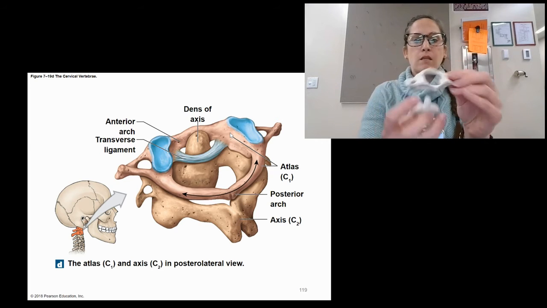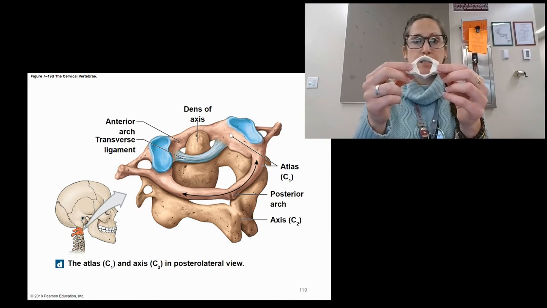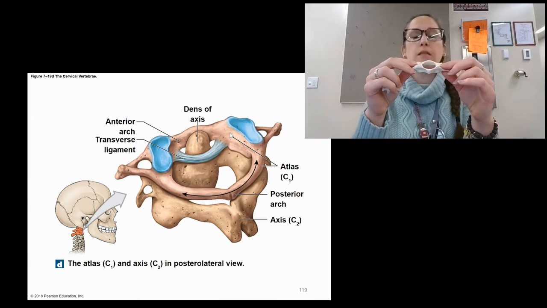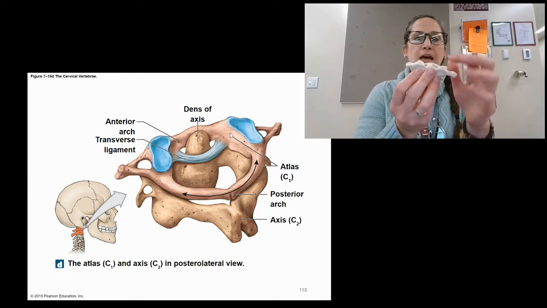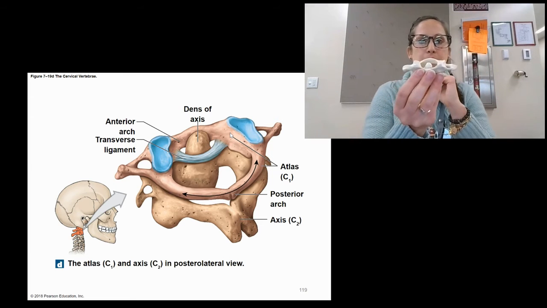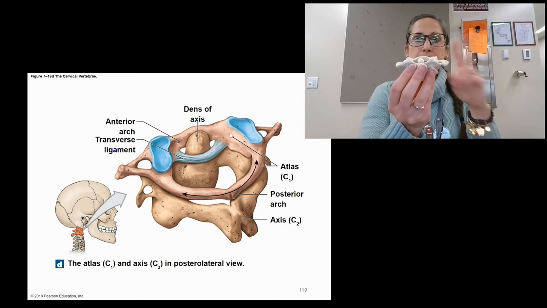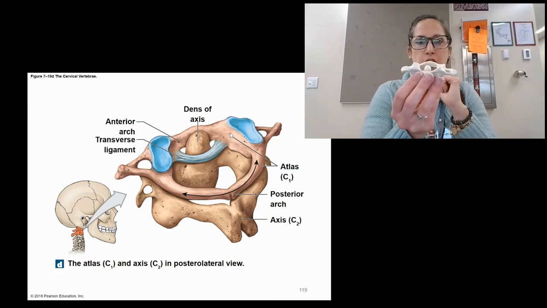So not only do our two facets here articulate with our occipital condyles so that our head can say yes, right? But that dens, that process that is sticking out of C2, allows the head to say no. It allows that pivot based on the shape of that process.